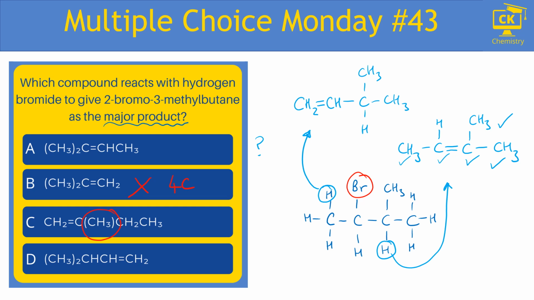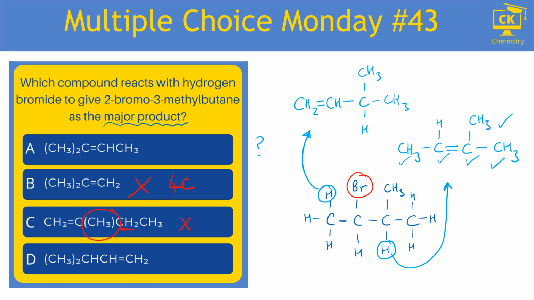So nowhere do I have a CH3 and then a CH2 in either of the 2 possible molecules I've drawn. So it definitely also cannot be C, because that CH2 group does not exist in the middle of the chain anywhere that I've got. Okay, so it's between A and D so far.